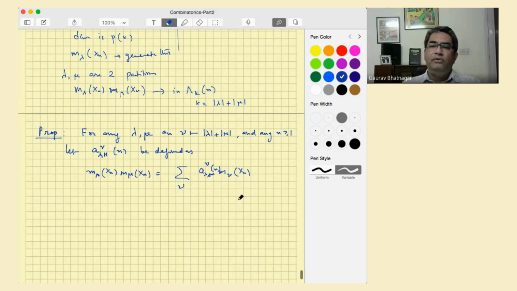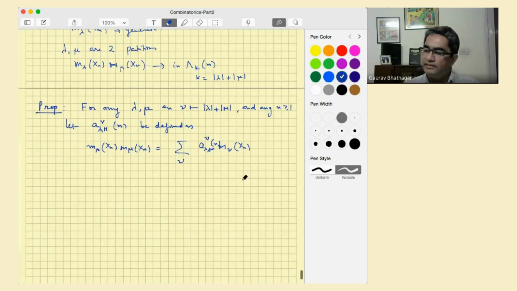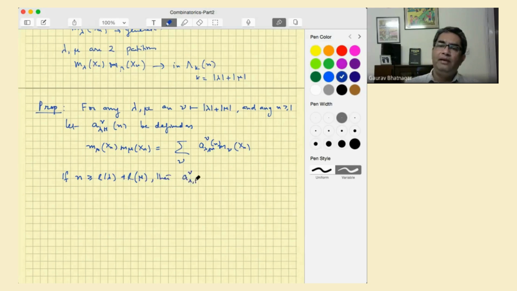The sum is over nu. And the proposition says that if n is greater than or equal to the length of lambda plus the length of mu, then a_{lambda mu}^nu(n) does not depend on n.